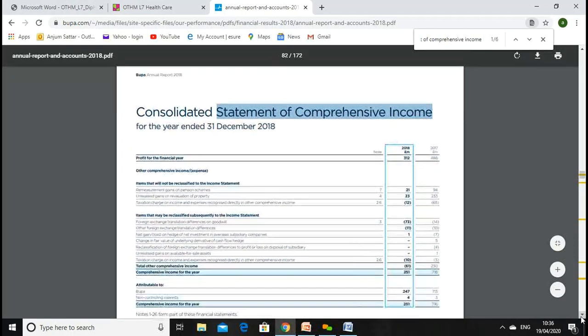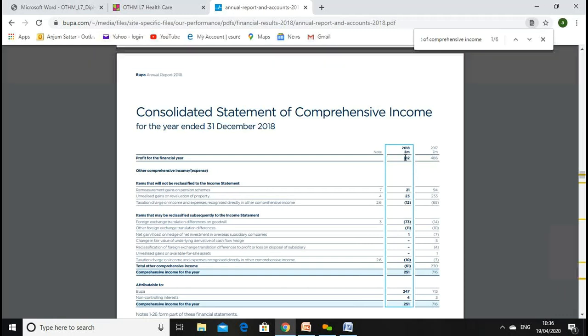So we can see the last year, this year, and the previous years 2017 and 2019, this is given. Because the year end is December, I still don't have access, it should be available, but I just found this one. So look around the profit: last year, this year, what has happened.